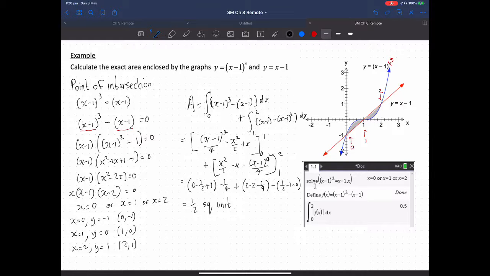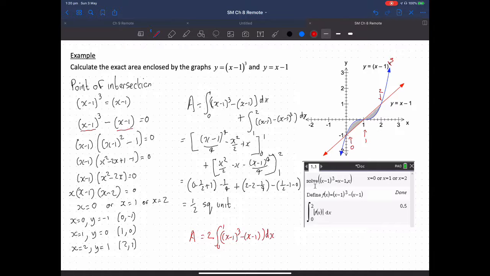They're both 1/4 inside. You could have worked out the area from 0 to 1 of (x minus 1) cubed minus (x minus 1) dx, and then doubled that.